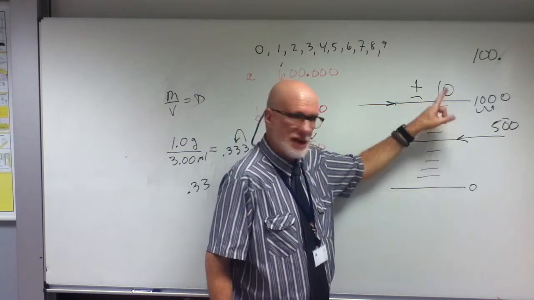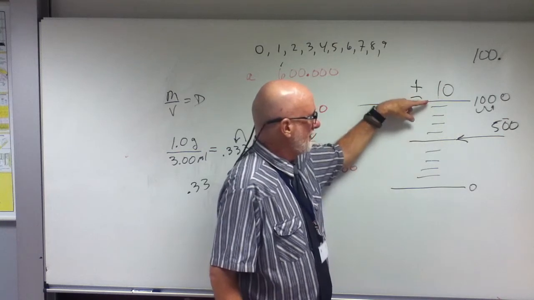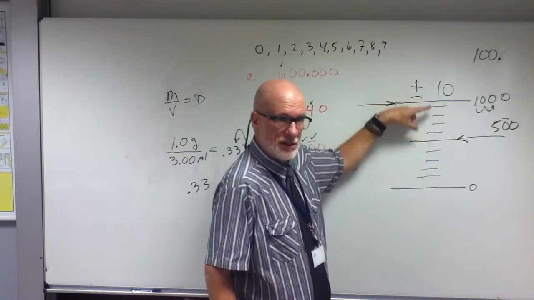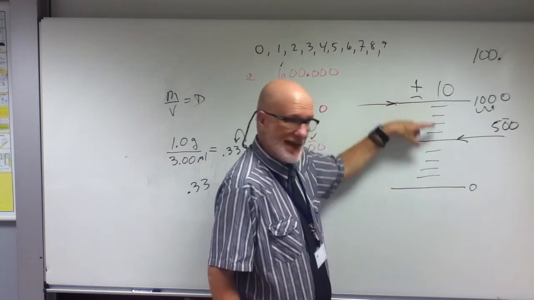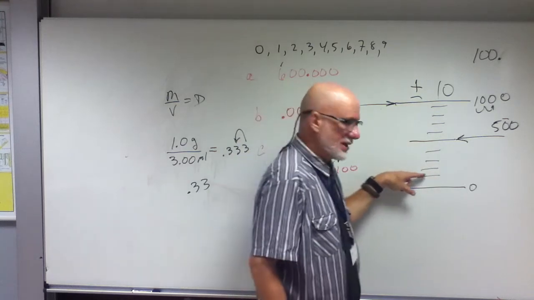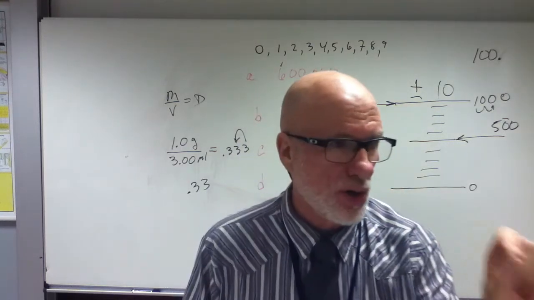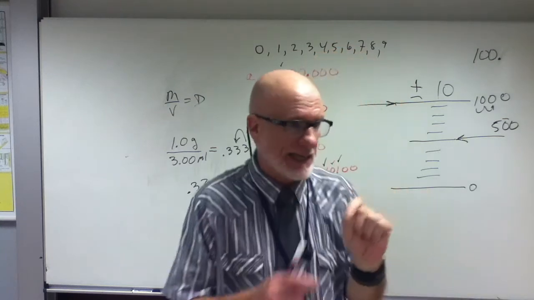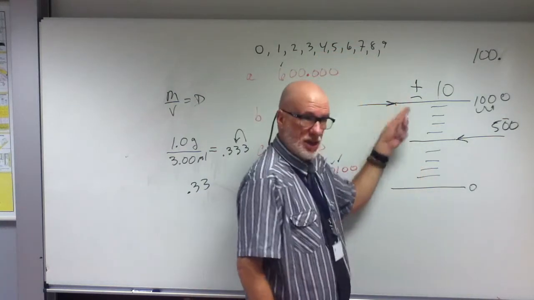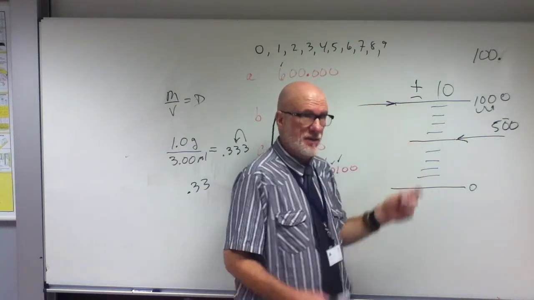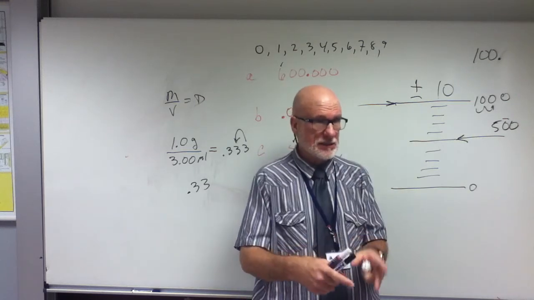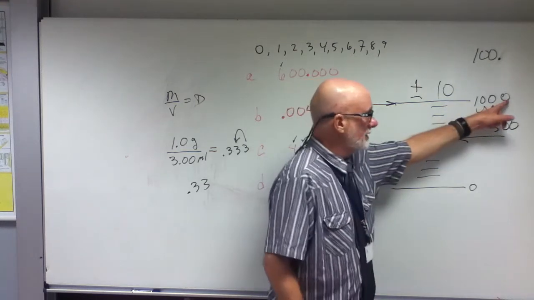But if I have 100 gradations between here instead of 10, then the smallest place value actually indicated by a graduation is the hundreds place. Then two less than the hundreds place is the ones place. So then all of these are significant.